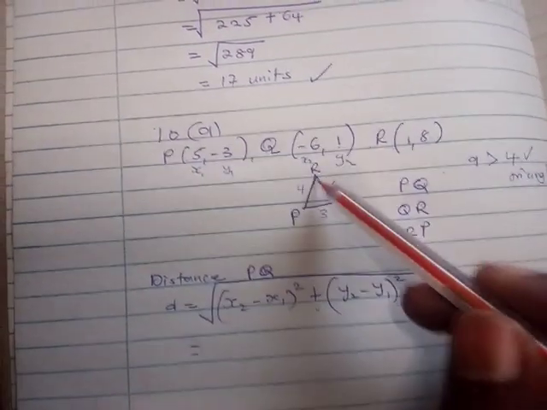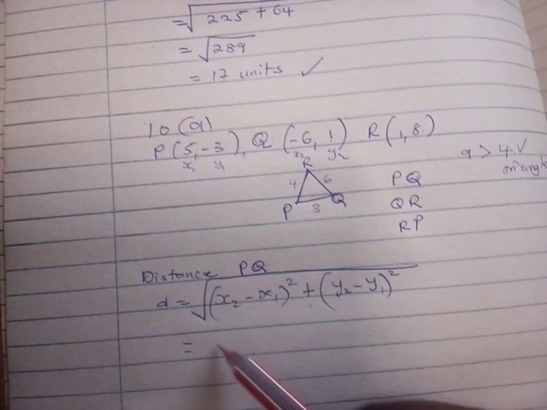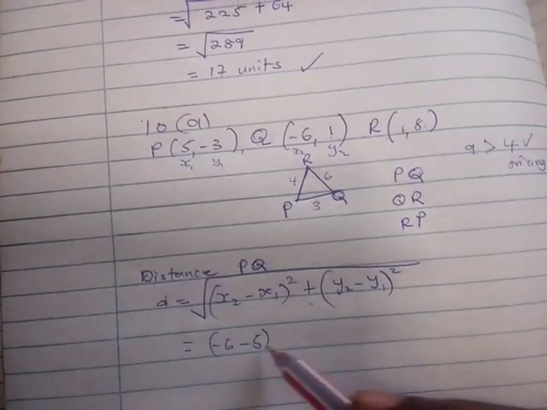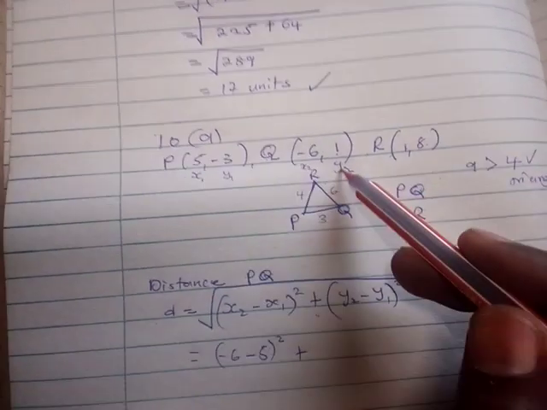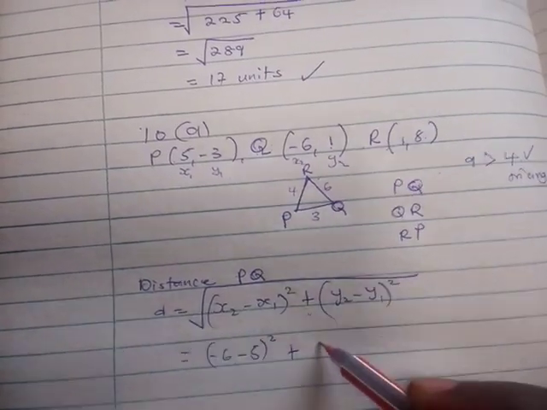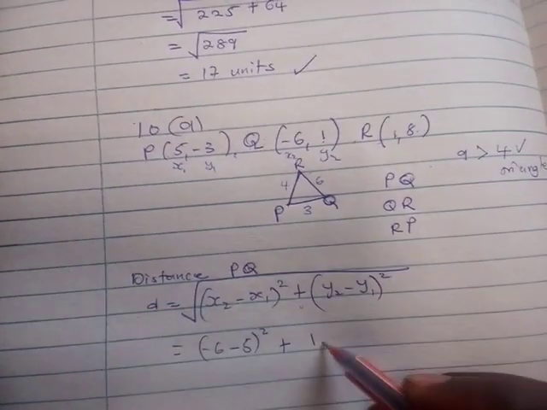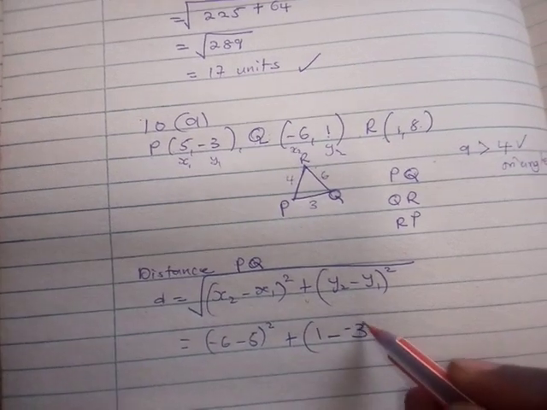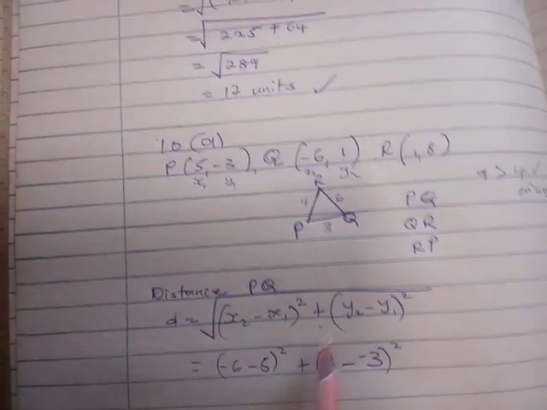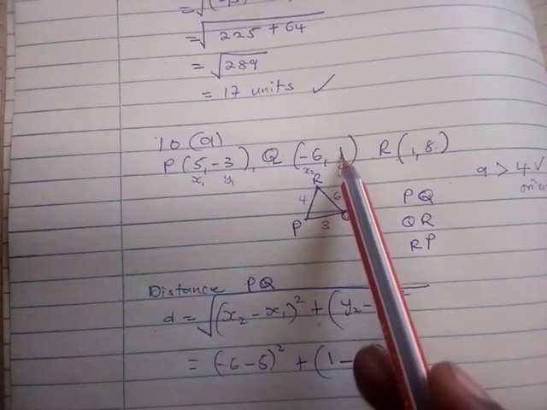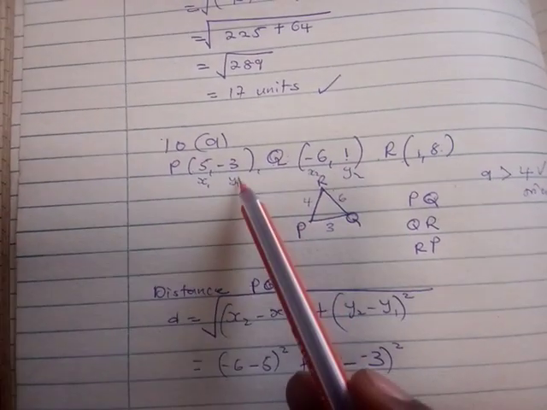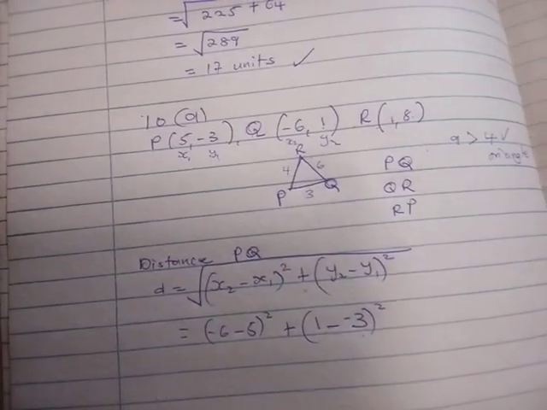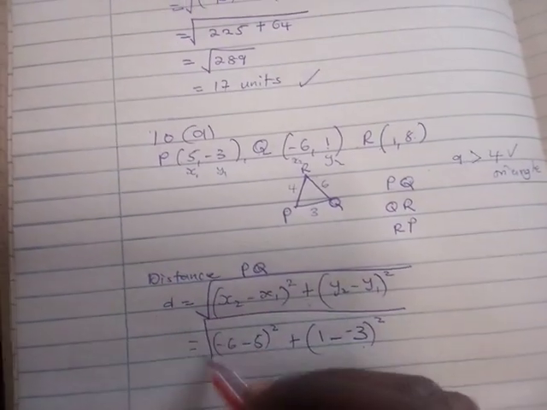When I feed in, I have my x2 as negative 6, minus x1, which is 5, and this is squared, plus y2, which is 1, minus y1, which is minus 3, squared. I think we are together now. Then this is under the root.